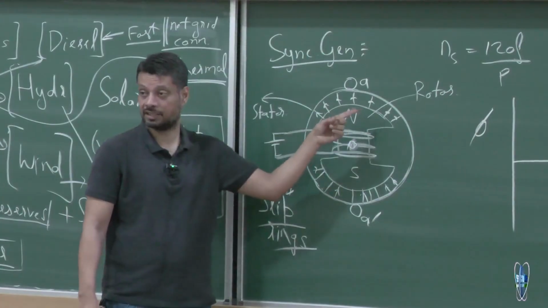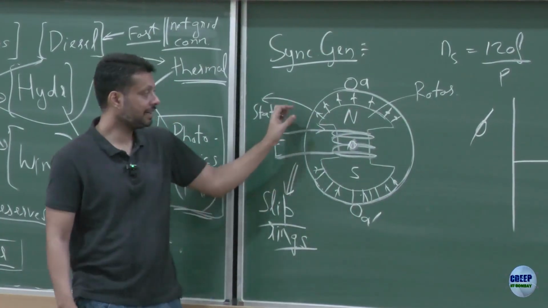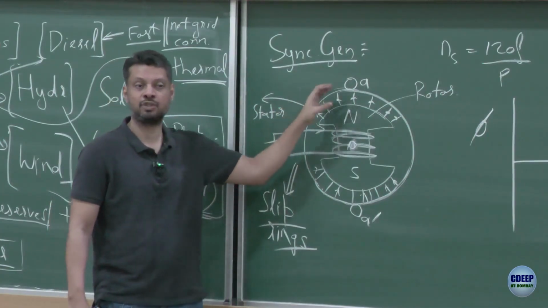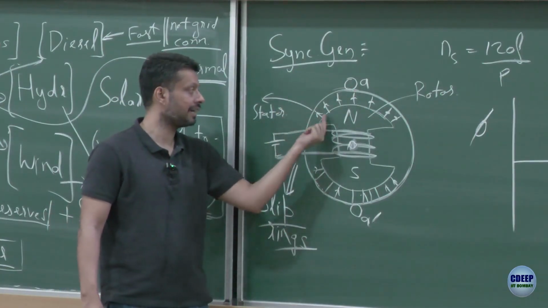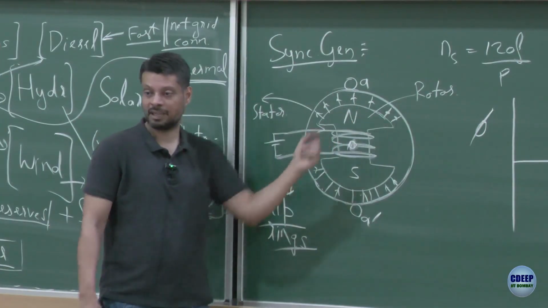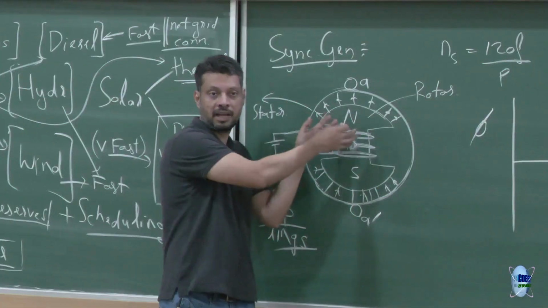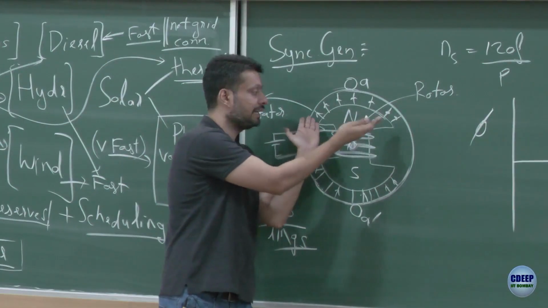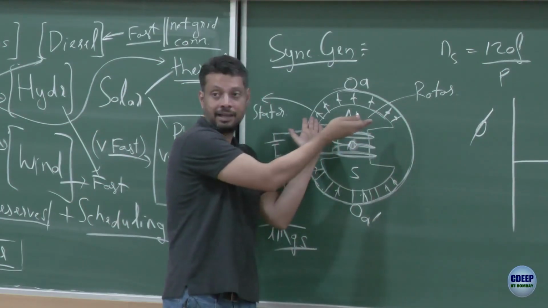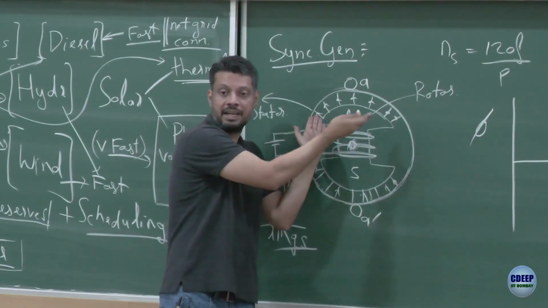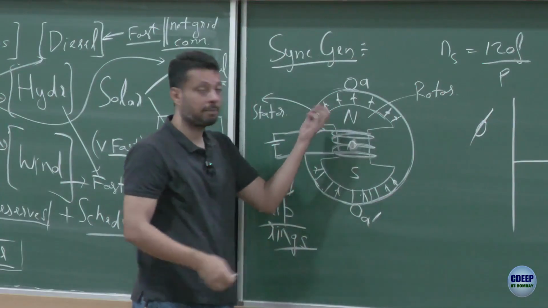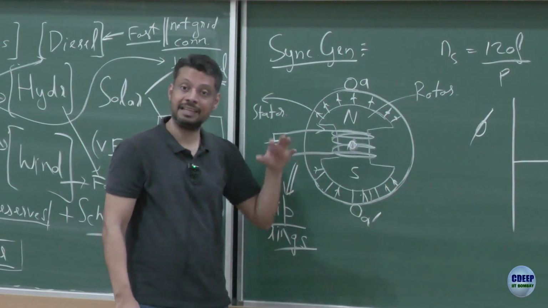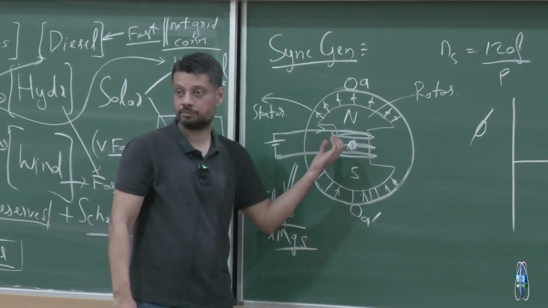Because the way I have drawn it, it appears uniform in width, right. If it is uniform in width, that means the reluctance at each point is the same. That means if this is producing some total flux, that flux will equally divide between this complete region, let us say this is some angle, it will completely divide in this angle. That means now if I am rotating, the increase in the flux is linearly related to the rotation.